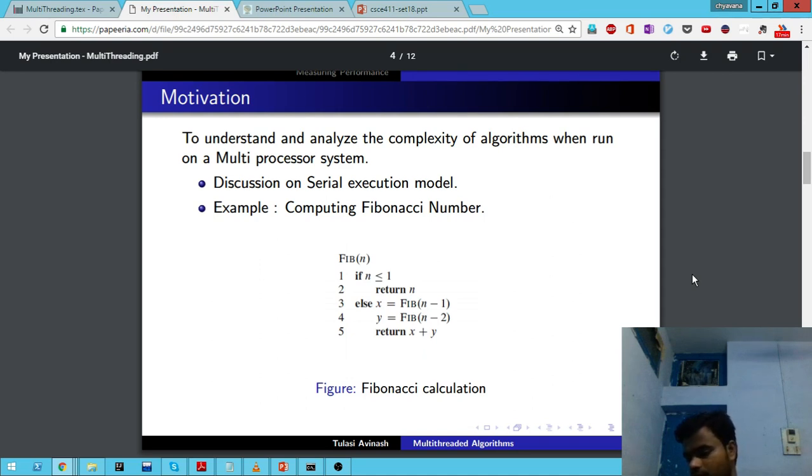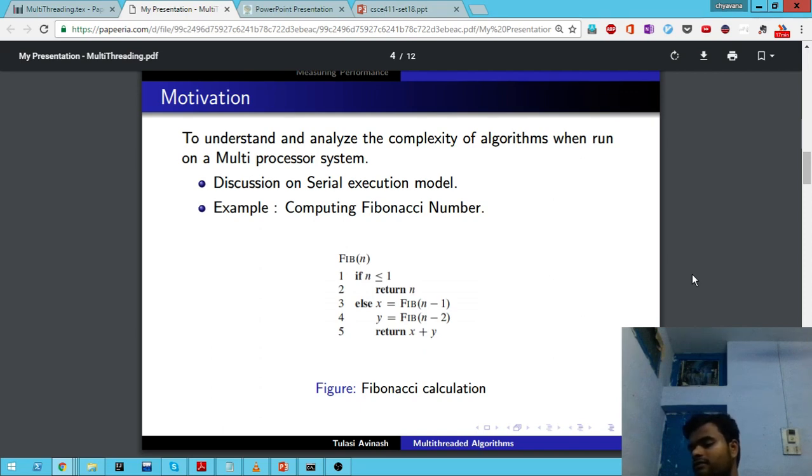We'll start with f of n. Let us assume that n is 4. So the execution starts with a function with the value n as 4. As n is not less than or equal to 1, we go ahead and calculate x equal to f of 3.